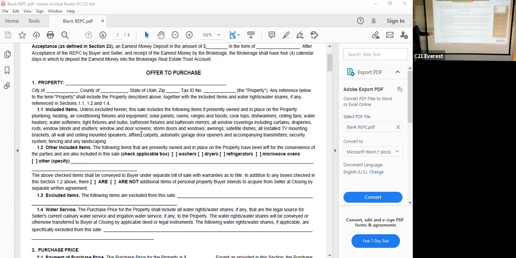Thankfully, we added this newer contract language that was not in our contracts before: all installed TV mounting brackets, all wall and ceiling mounting speakers affixed to the carpets. So the TV mounting bracket is attached, but not the TV.